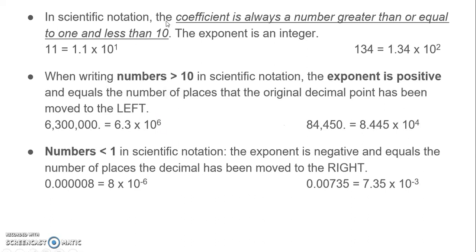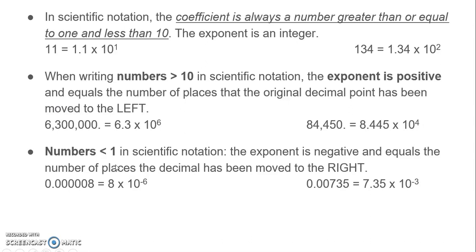So in scientific notation, the coefficient is always a number greater than or equal to 1 and less than 10. Okay? And the exponent is an integer. So what does it mean? You look at the number 11 here, you see 11 is greater than 10. So our coefficient has to be smaller than 10 and greater than or equal to 1.